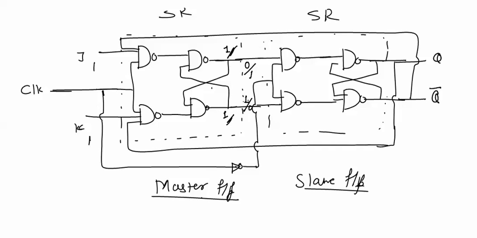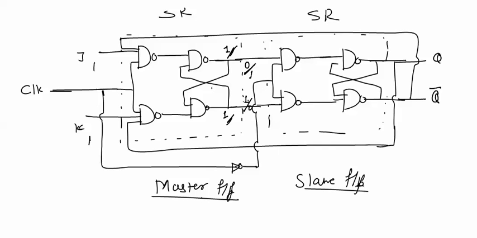If a 1 1 output is not possible here, the input at this slave flip flop cannot be 1 1. It will be either 0 1 or 1 0. So the race around condition will be avoided.